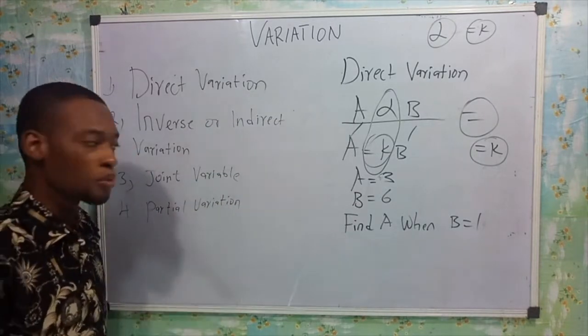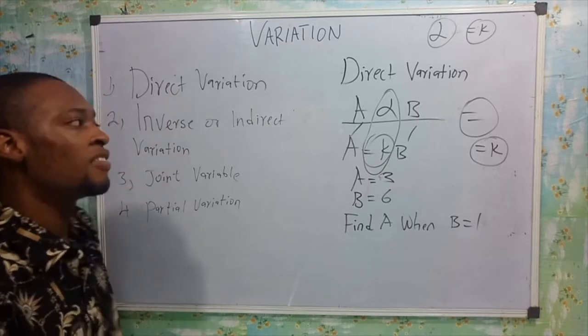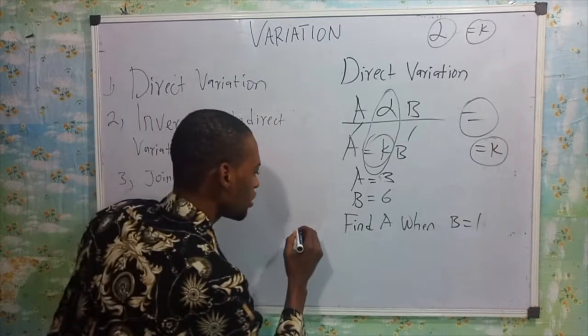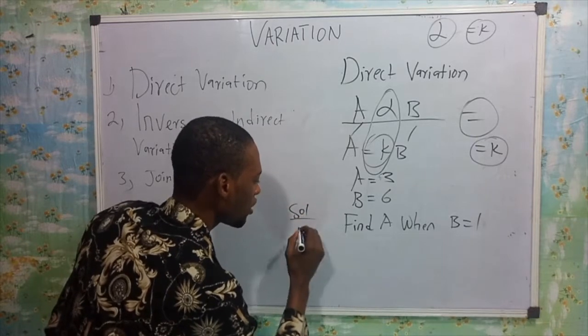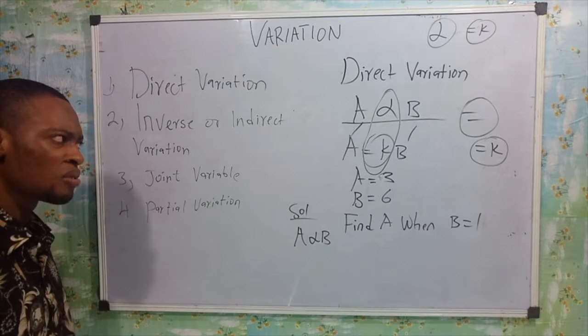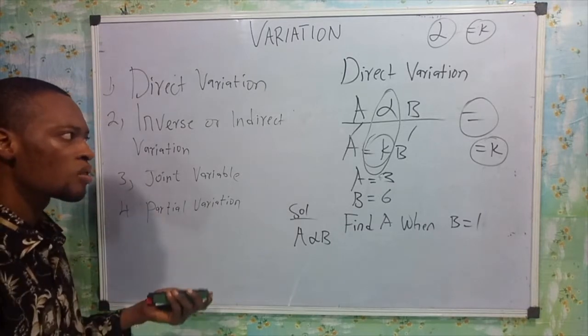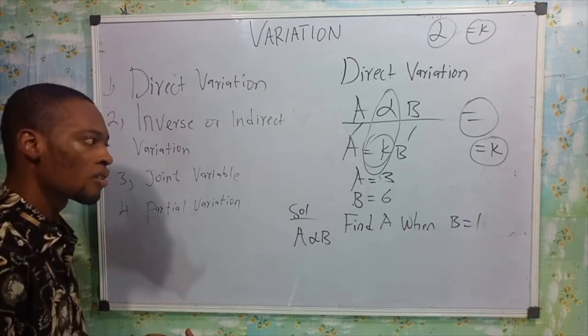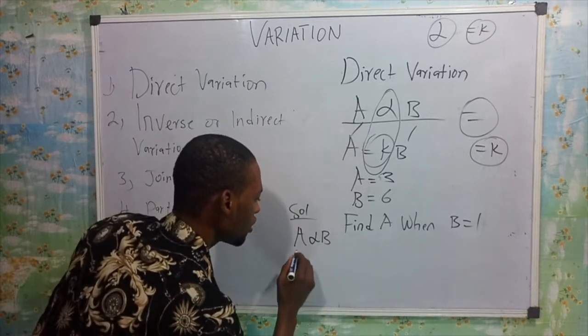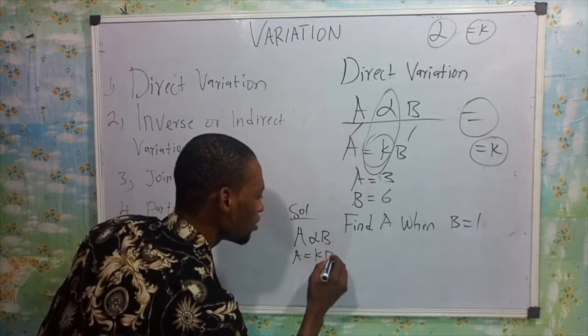And it's very simple. We are told that A varies directly as B. So the first thing you do, let me change the proportionality sign to an equality sign. A equals KB.